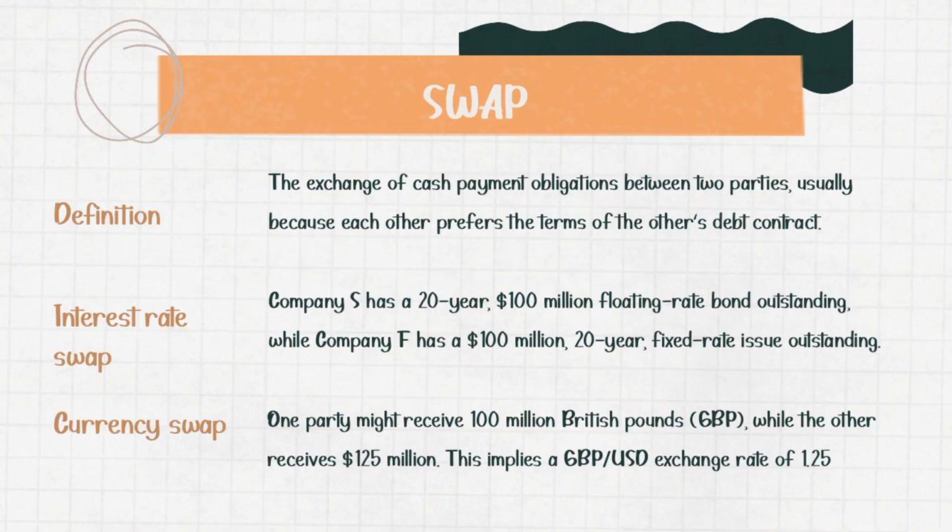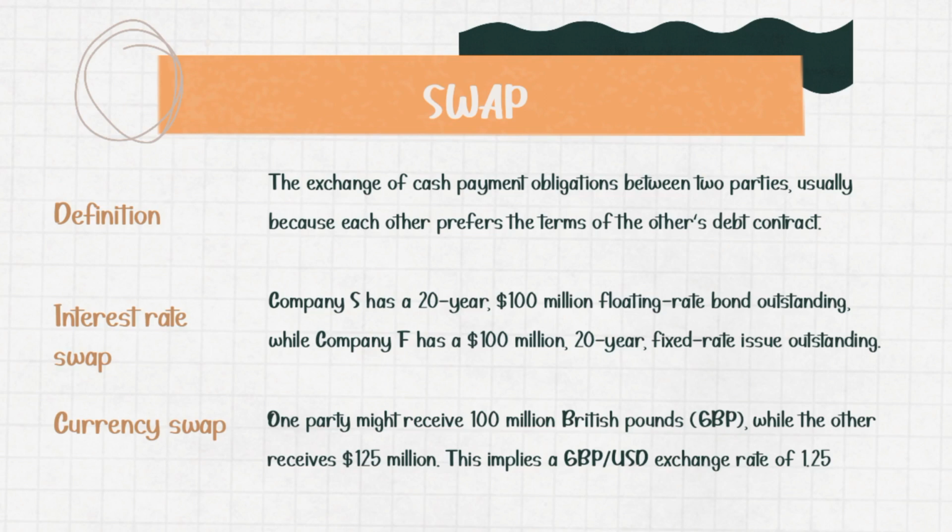First we have the swap, the exchange of cash payment obligations between two parties, usually because each prefers the terms of the other's debt contract. A swap is just what the name implies. Two parties agree to swap something, generally obligations, to make specific payment streams. Most swaps today involve interest payments or currencies.